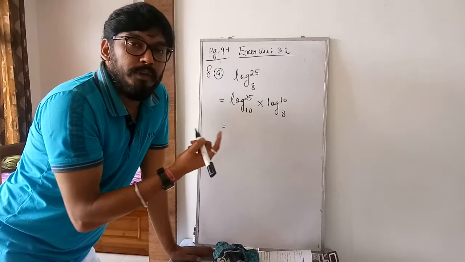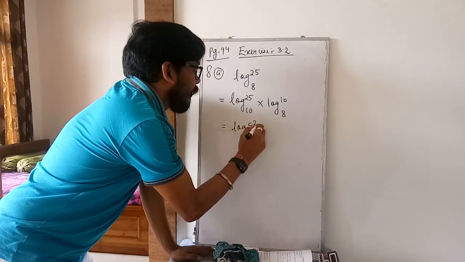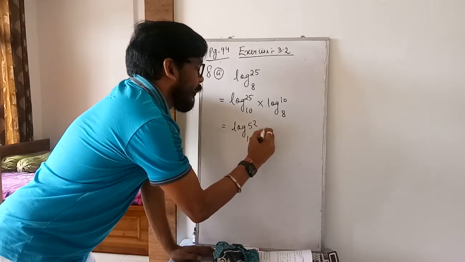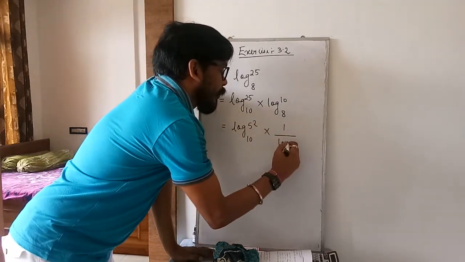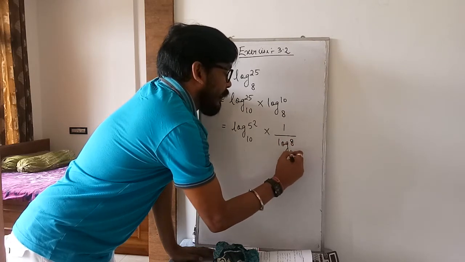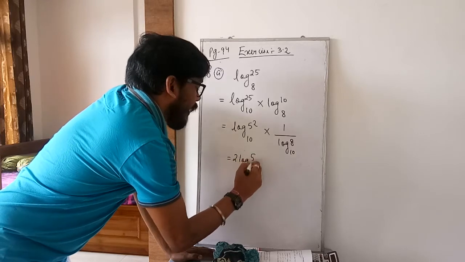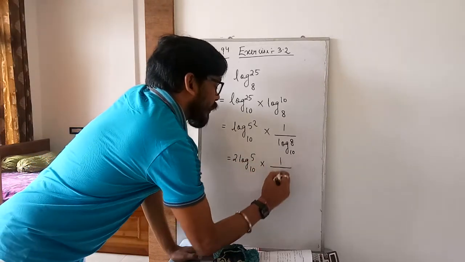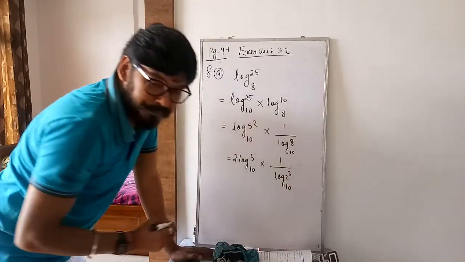So now I can easily use the value of 25. You can write 25 as 5 square also. So let me write here 5 square by 10. Here again let me make the base 10, so I will do the reciprocal of this one. So 8 by 10. So here we got 2 log 5 base 10, and here you can write log 2 cube base 10.